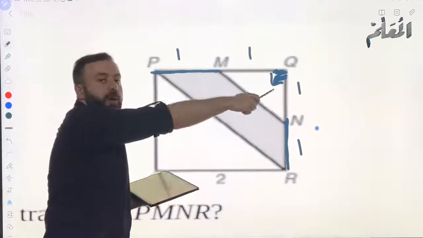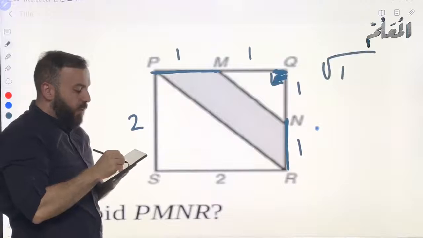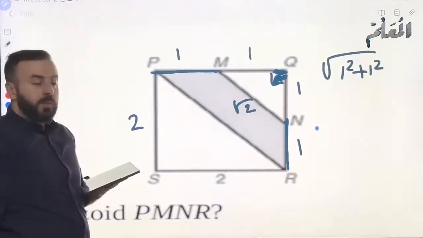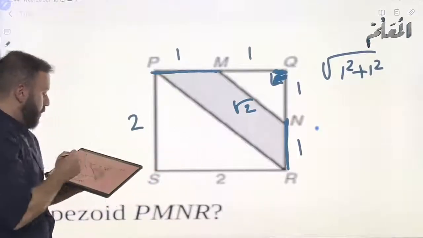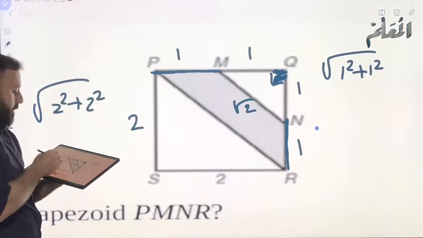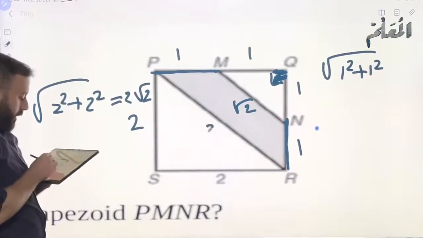So I'm going to use the Pythagorean theorem here: the square root of 1 squared plus 1 squared, and the answer is radical 2. And also the square root of 2 squared plus 2 squared, and the answer here is 2 radical 2.